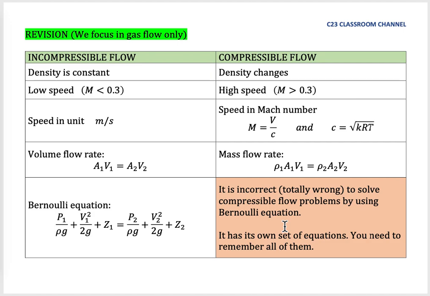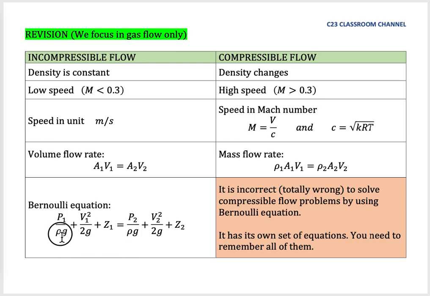However, in compressible flow, it is incorrect. It is totally wrong to solve compressible flow problems using the Bernoulli equation. Please remember this. Please do not solve your compressible flow problems using the Bernoulli equation. Yes, it has a density term here, but you cannot change this density into rho 1 and rho 2.